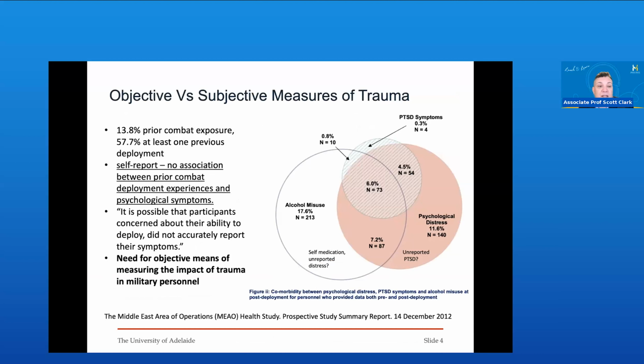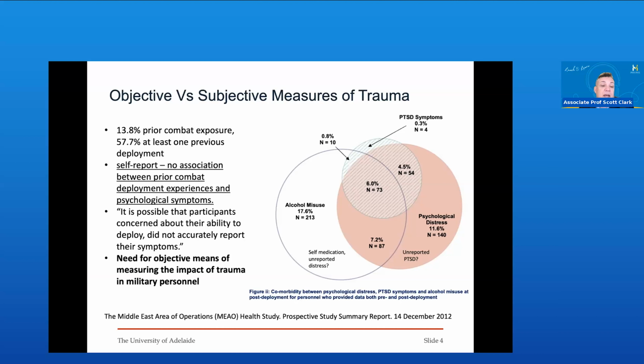So the sample can be broken up into different groups, some that had combat exposure, some that had childhood trauma exposure, and some that had none of either, and some that had both. On self-report, there was no association between prior combat deployment experiences and psychological symptoms. So people don't tend to report features of PTSD, even though they were more likely to have some symptoms of PTSD.